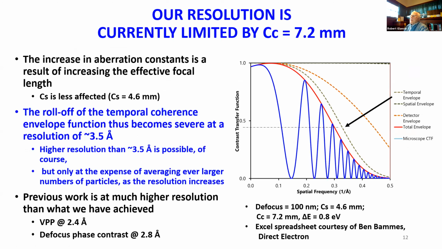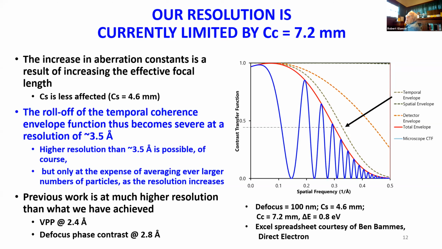The limitation is that the relay optics that I described, using the Lorentz lens and the special X lens, add to the aberration coefficients of the microscope. In particular, the chromatic aberration in this microscope is a little over 7 millimeters.